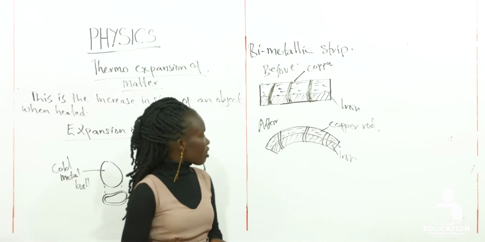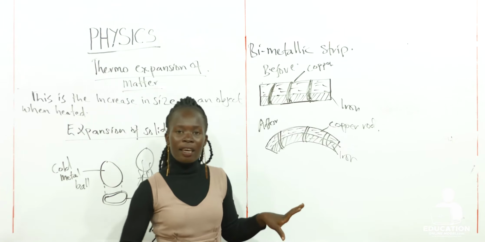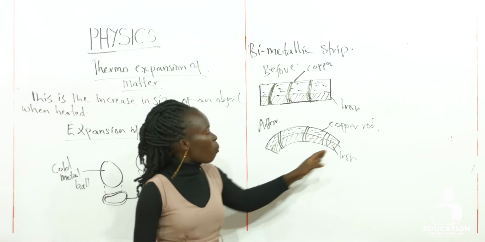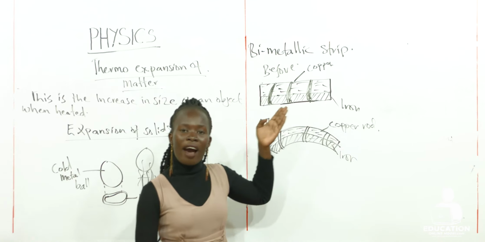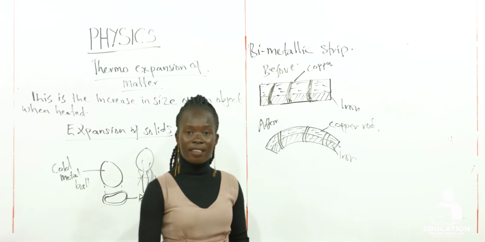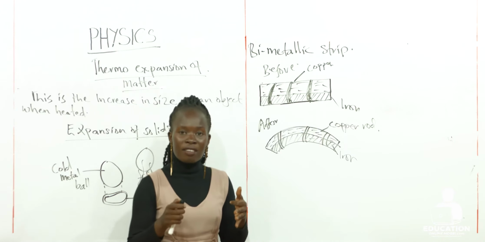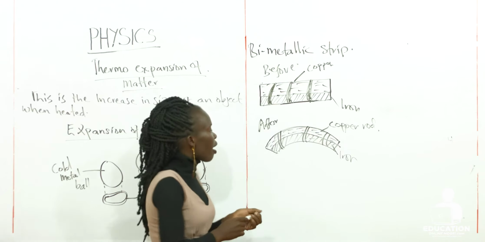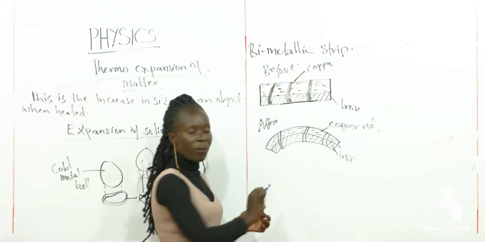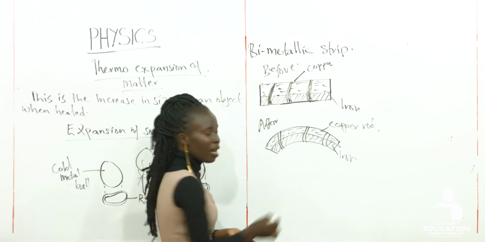We expected them to expand similarly, but then they ended up giving us this shape. This is because copper has a higher rate of expansion than the iron. So the one that expands faster is going to have a bigger, or we can say a wider curve than the one that expands least.